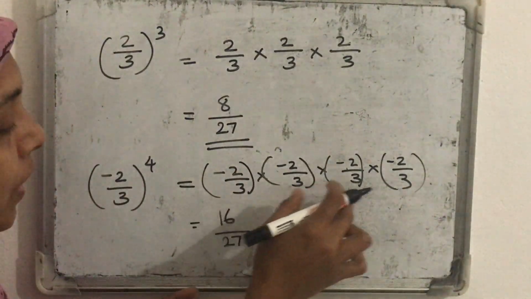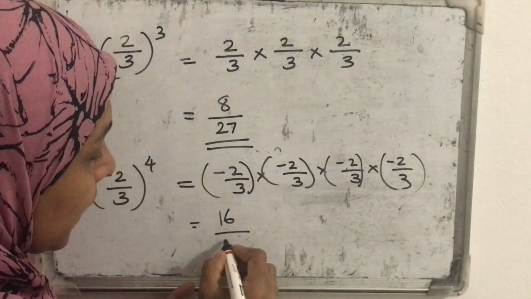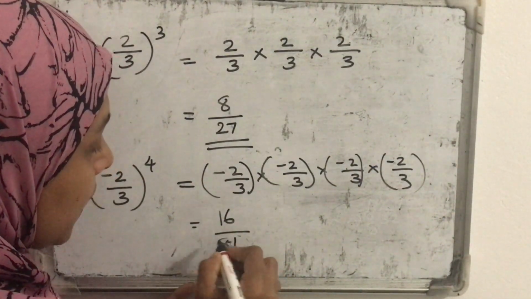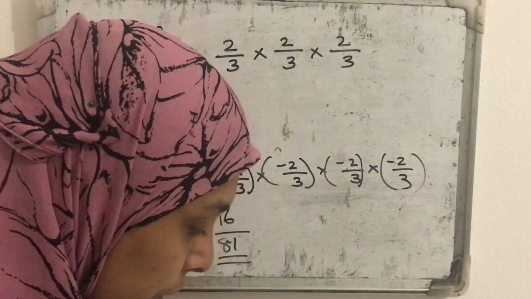Then 3 into 3, 9, 9 into 9, 81. So the value is 16 by 81, positive. Okay, is that clear to all of you?